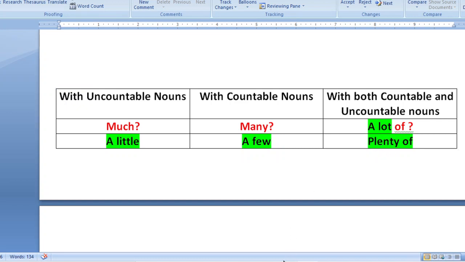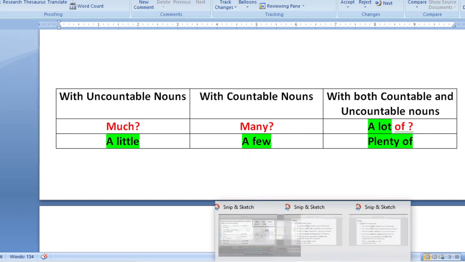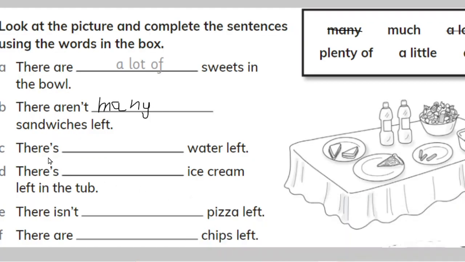So let's look. There's a little water left or plenty of water left. So either of those can be used here. But let's see which ones are left and then we'll come back to it.